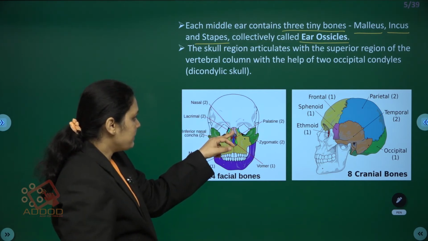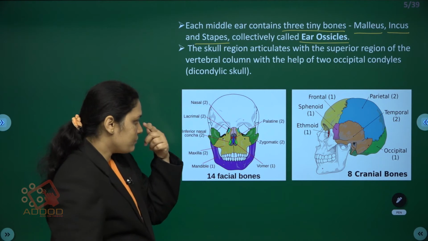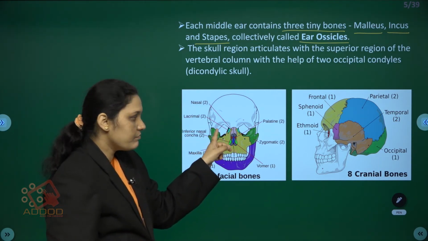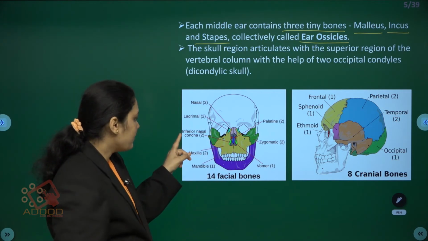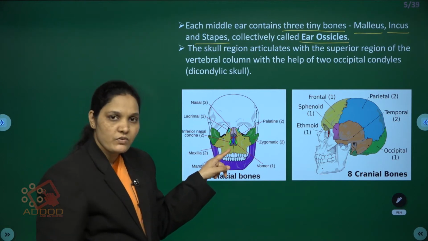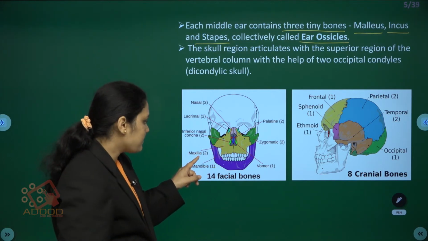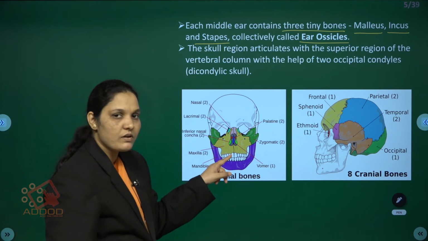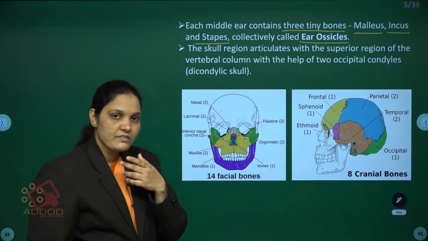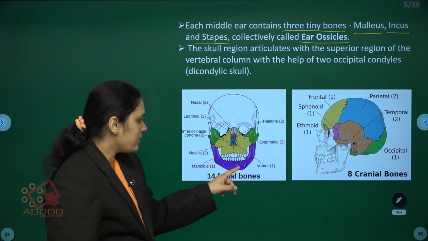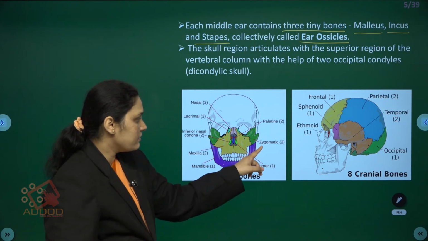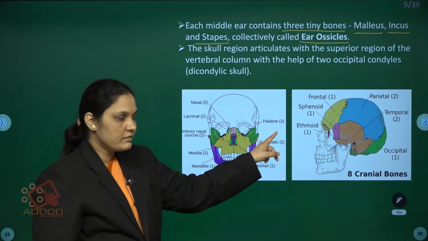The light pink one is nasal, the nose part. Lacrimal, which is beside the nose. Inferior nasal concha is also included in the nose. Next, the larger yellow one is called maxilla, and the lower jaw is called mandible. Here you can see a violet one, that is called vomer, and then the zygomatic and palatine.